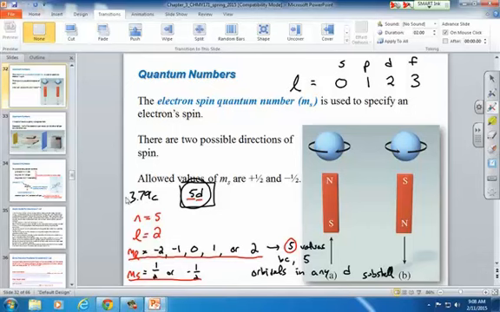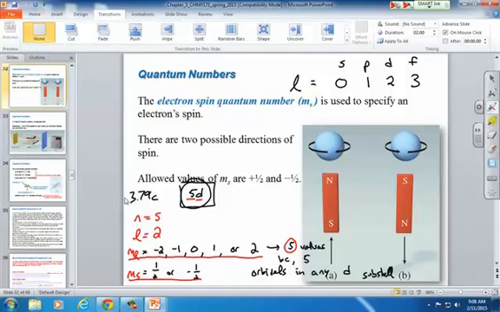But we're not going to get that detailed. We're not going to get down into which of the D orbitals has the quantum number for ML equal 1 and which has the quantum number for ML equal -2 or whatever. But we know that each orbital can only hold 2 electrons.